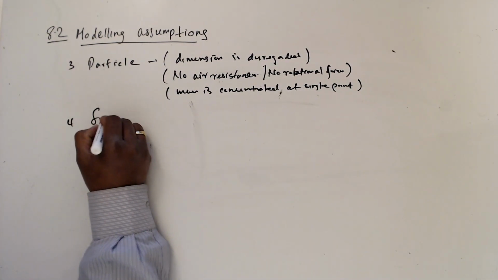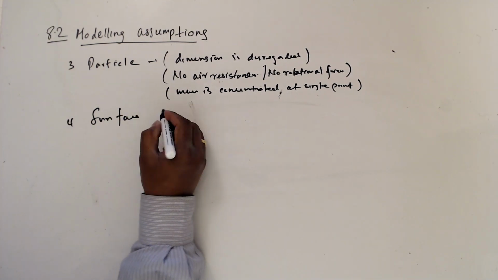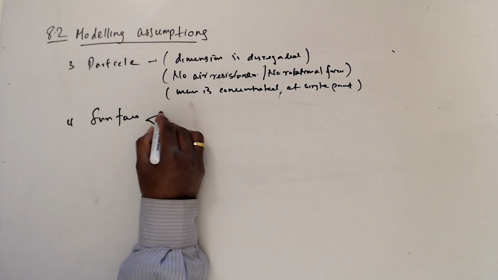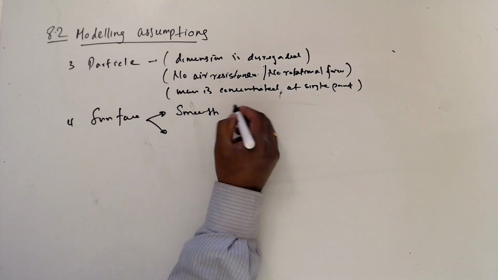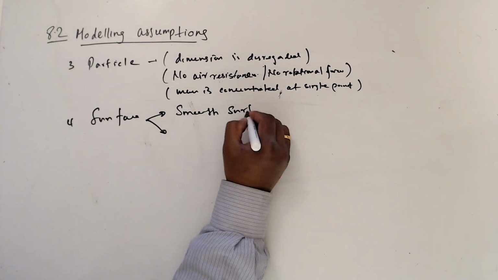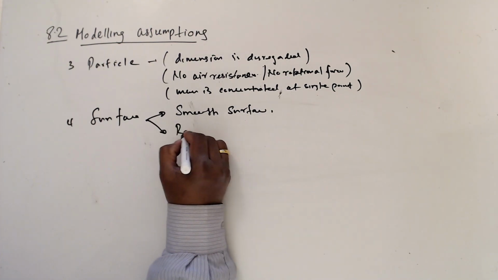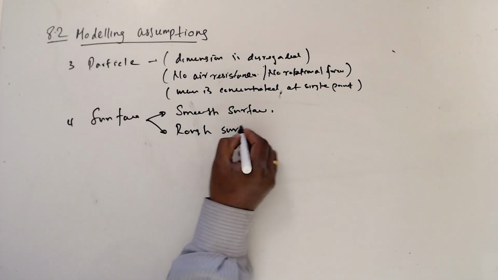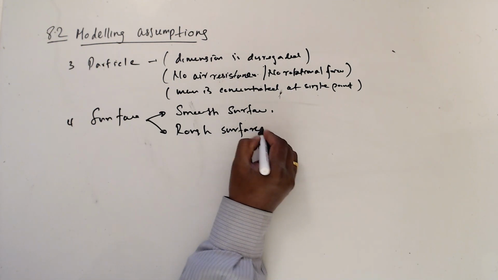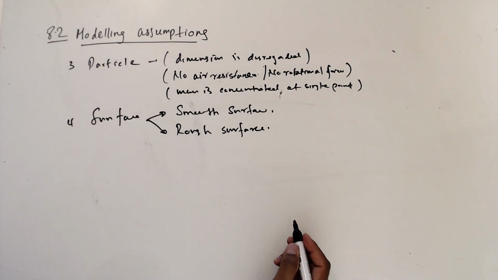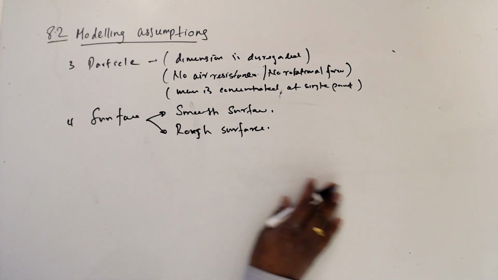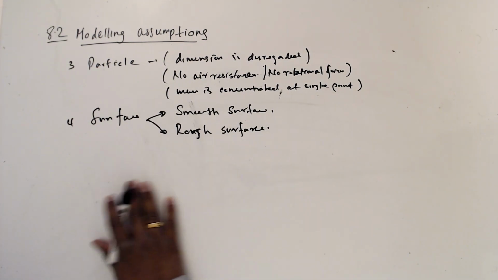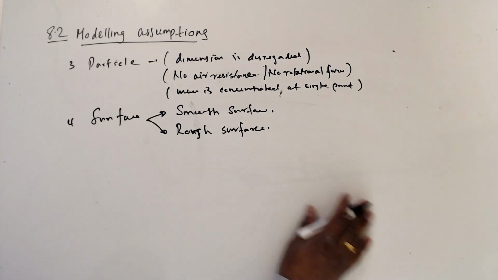The fourth one is the surface. The adjective that comes with the surface is smooth or rough. When you look at a surface, this is the board surface I'm touching, and the road surface.